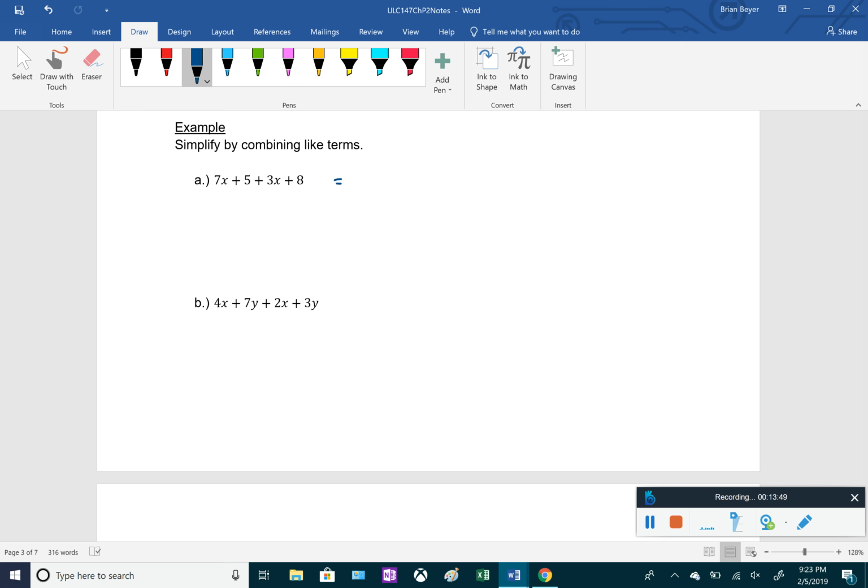So I'm going to reorder these as 7x plus 3x plus 5 plus 8. So the only reason I did that was just to show that technically this is using the associative properties for addition. So now we can combine 7x plus 3x is 10x, 5 plus 8, 13. So 10x plus 13.